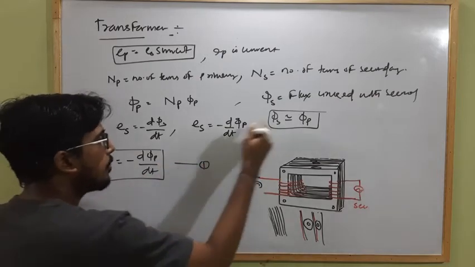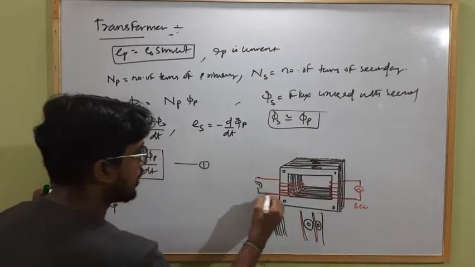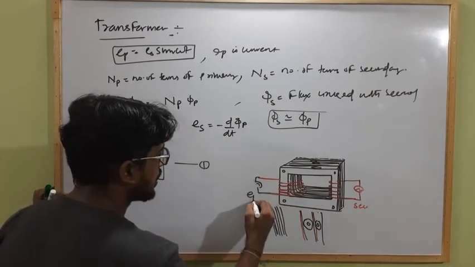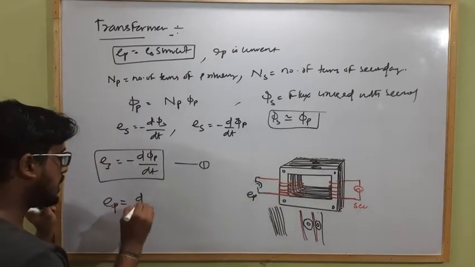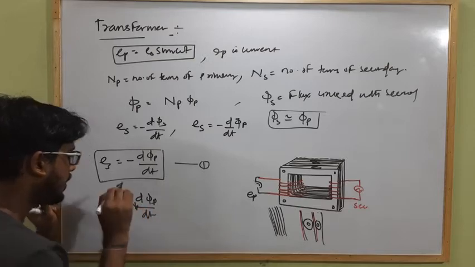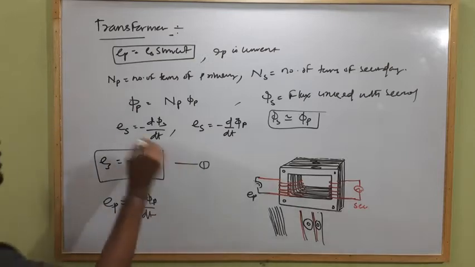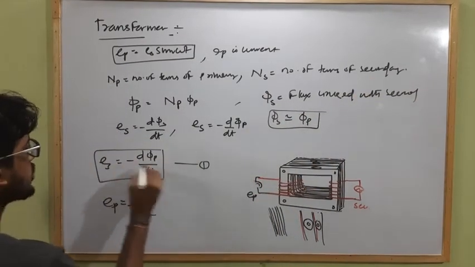Similarly, what is the value of EP? The input electric potential supplied across the primary. EP will be how much? Minus d phi p by dt into NP. And if Ns is the number of turns in the secondary, so ES will be how much?